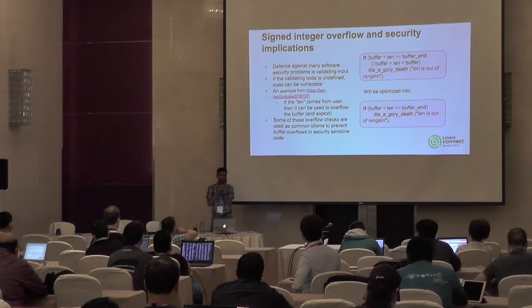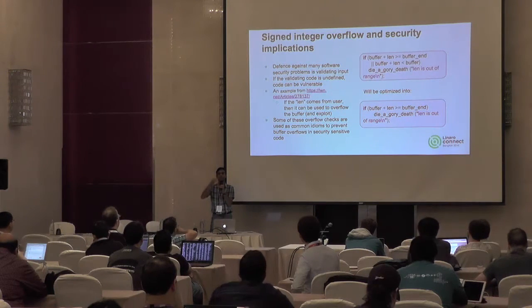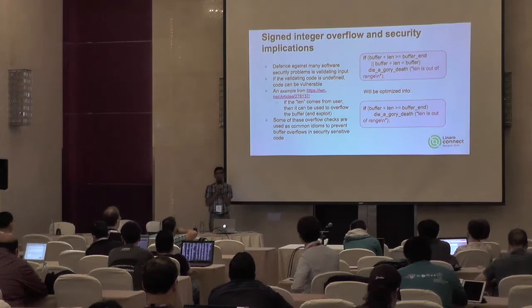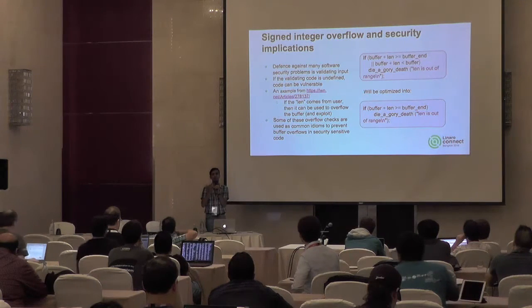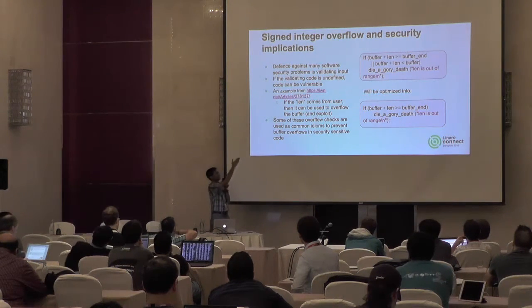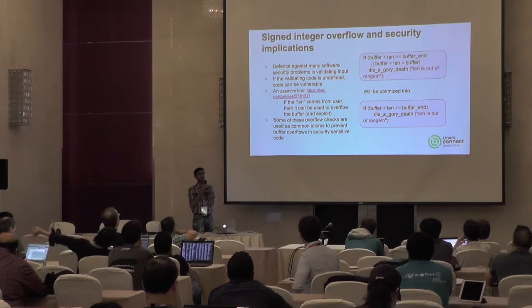buffer overflow. When you're accessing a buffer, you want to make sure that the index of your access doesn't go beyond the buffer, and also that it doesn't overflow and go below the start of your buffer. A lot of applications actually used to rely on integer overflow for this check, like what is shown on the top right-hand corner.